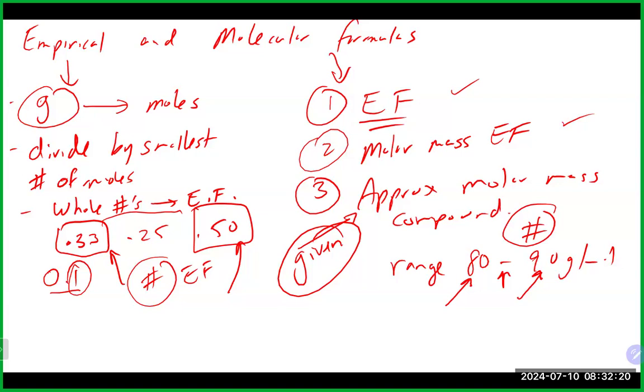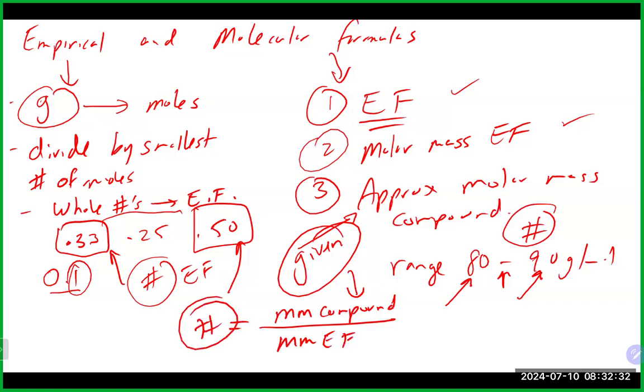What we do with that is we take the molar mass of the compound, which was given to you, and we divide it by the molar mass of the empirical formula, and this will give you a number. And this number is the number that you multiply the empirical formula by to turn it into the molecular formula.